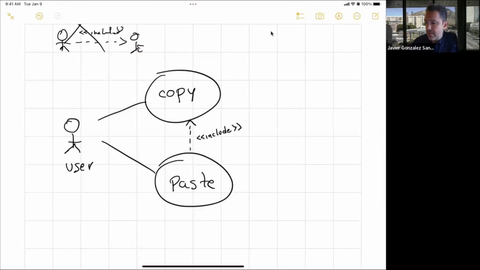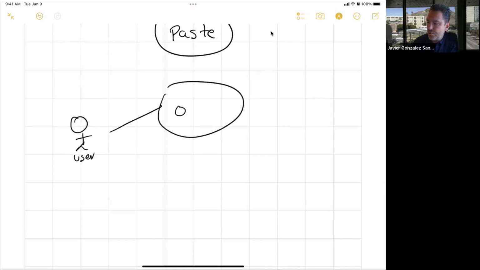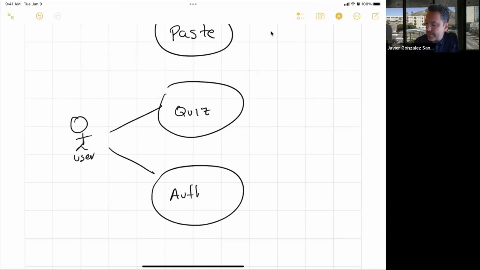Or another example, user, Canvas. You're going to do a quiz, right? Something that you can do as a student on Canvas is present a quiz. But another thing that you do with Canvas is authentication.